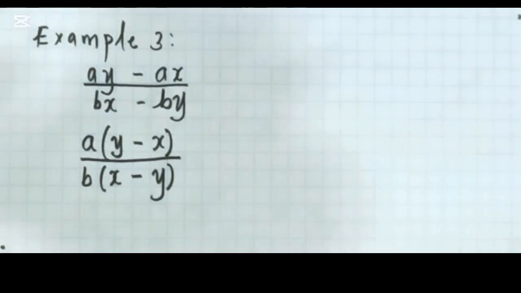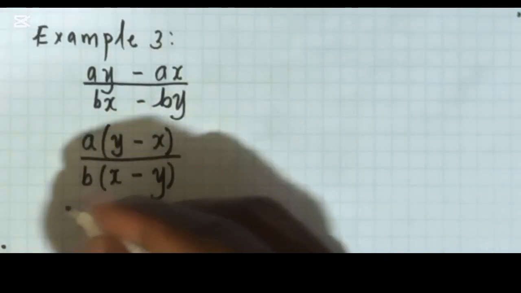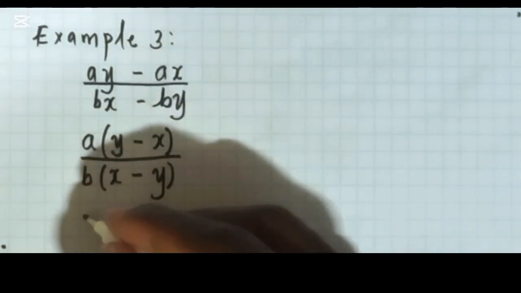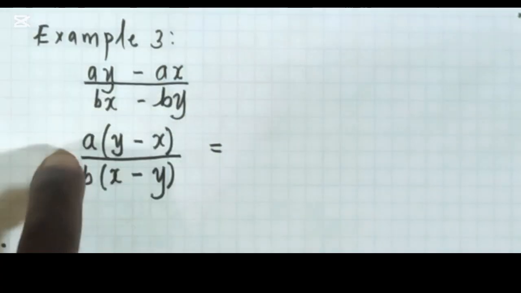We're going to multiply either of them by -1, so that we have the same terms in the brackets. So I'm going to multiply the numerator by -1.